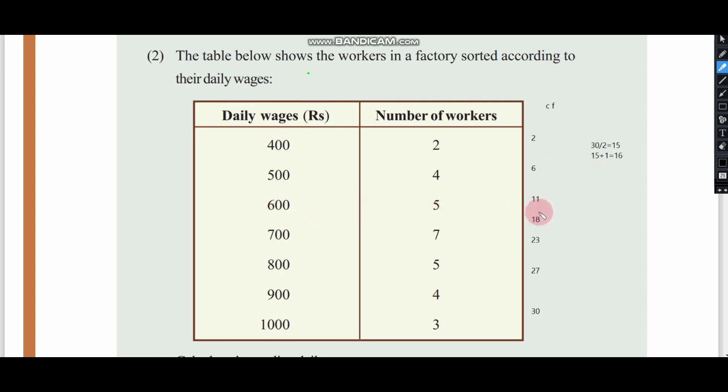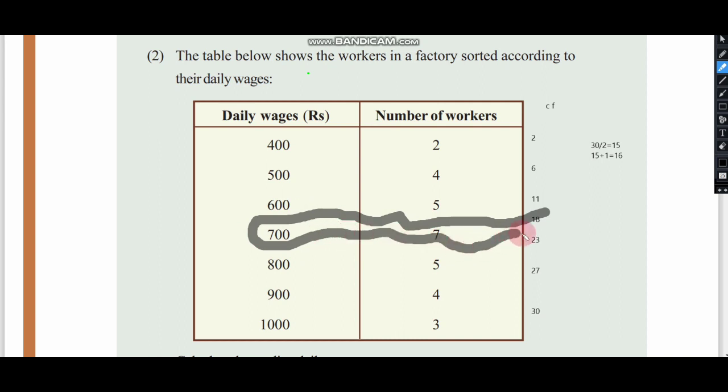Then from 12 to 18, the daily wages are 700. Therefore, both the 15th and the 16th have the same wage, 700. Therefore, their average wage is also equal to 700.